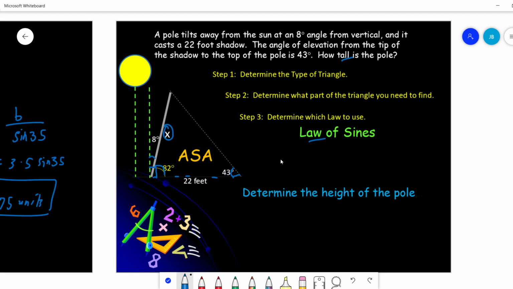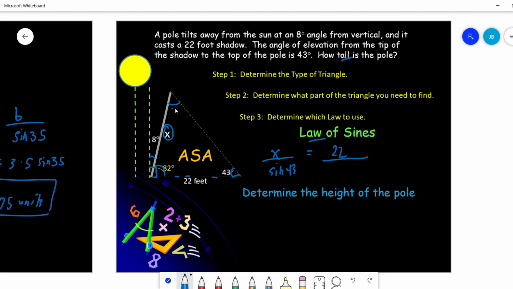Let's use x over sine 43 is equal to 22 all over this angle here.